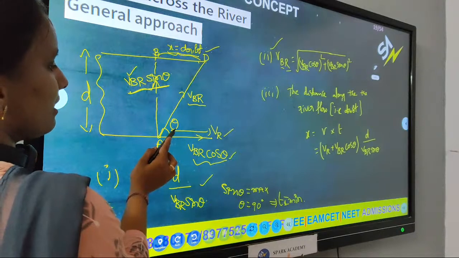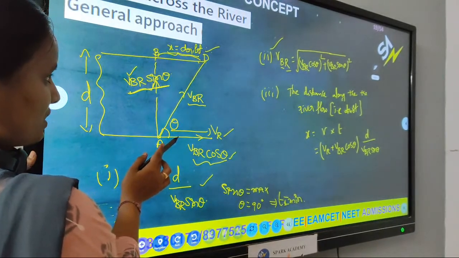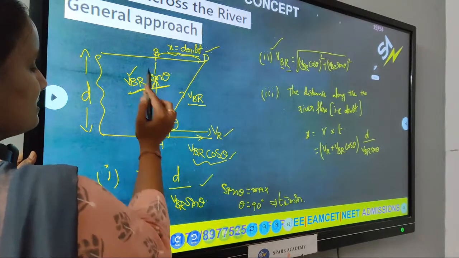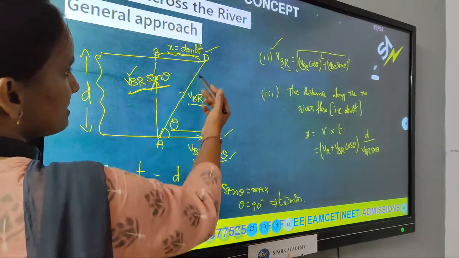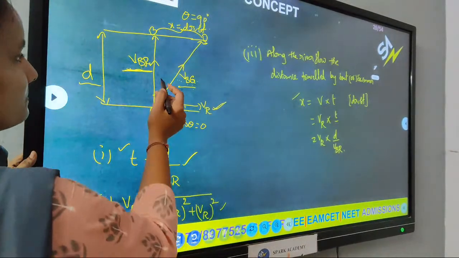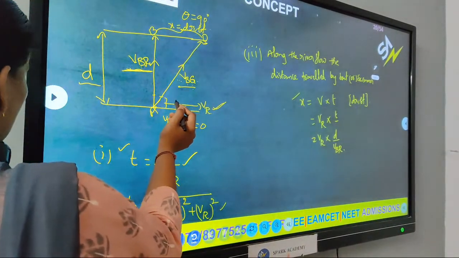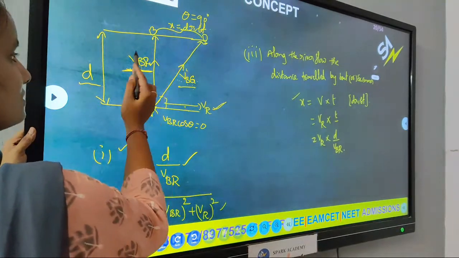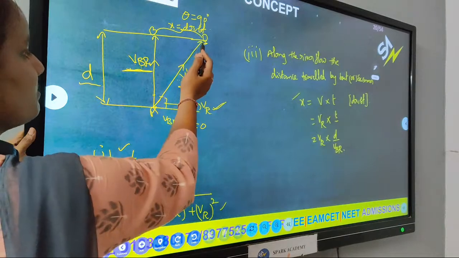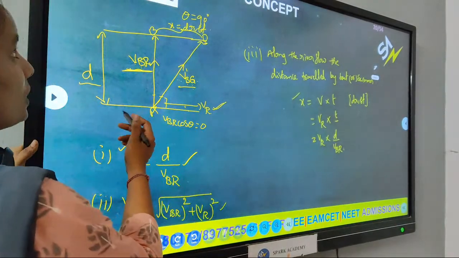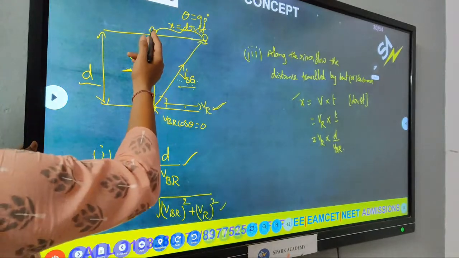When he is making angle theta with the downstream, with VBR cos theta in this direction, the relative velocity is from A to D. And next time, when he chooses the minimum time, the VBR vector changes to this side and this will be the net boat velocity. Now we are choosing the shortest path to reach the opposite bank.